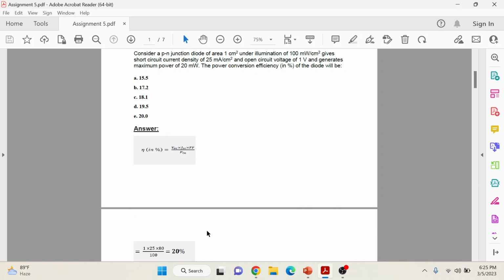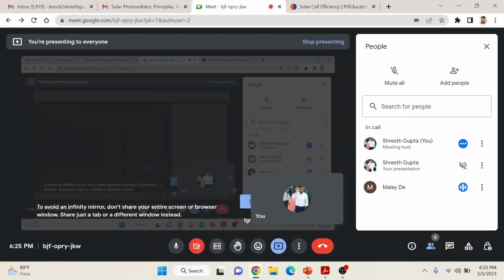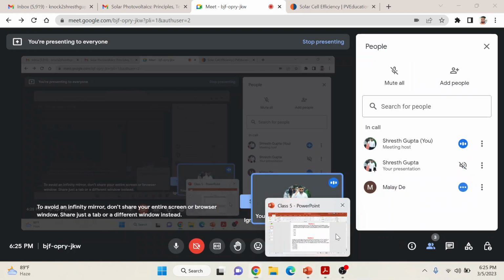By calculating the fill factor, you directly wrote 80 as the fill factor. Yes, you need to calculate the fill factor; you skipped one step. Okay, I had first calculated the fill factor. Okay. Now let's move to the second question.